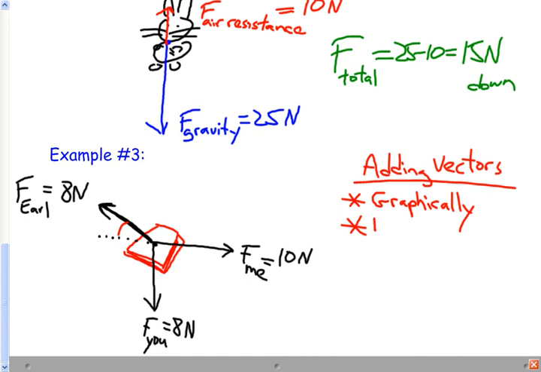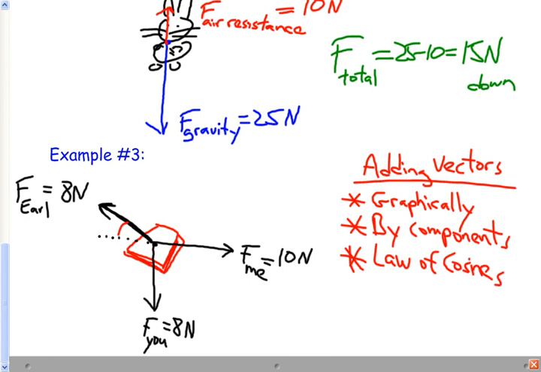So we can add by components, but you usually need some trig to do that effectively. And there's at least another way, using something called the law of cosines, which can sometimes be really handy, and sometimes it doesn't give us all the information we want.